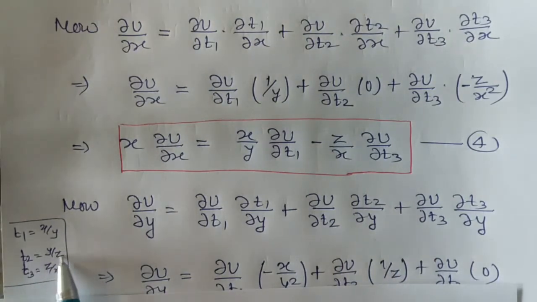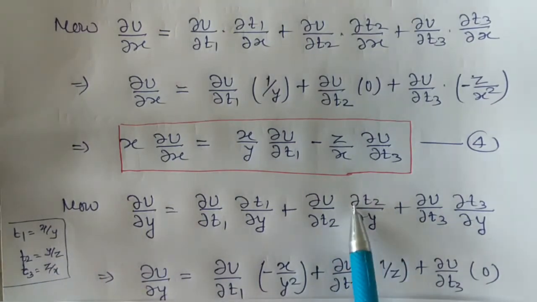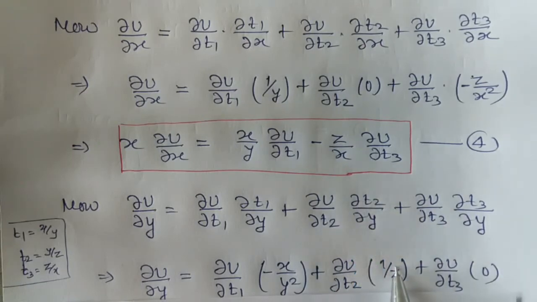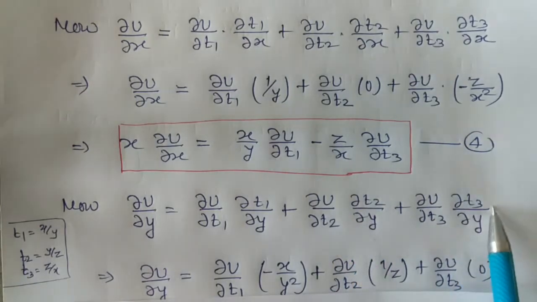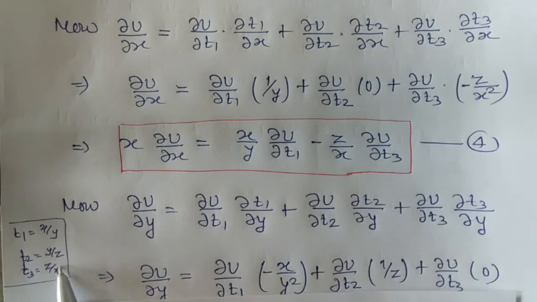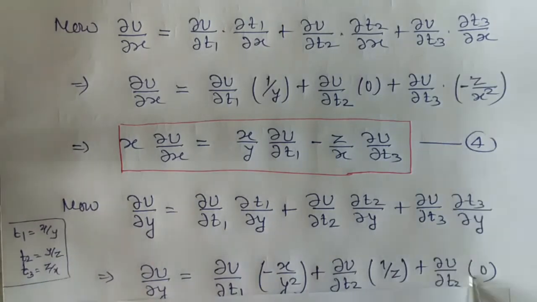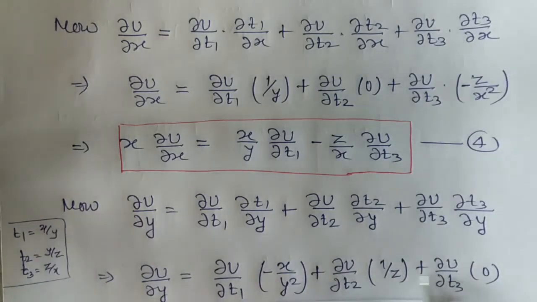So t2 is y by z, so 1 upon z is constant and derivative of y is 1. So we get 1 upon z, the value of del t2 by del y. Here del t3 by del y, partial derivative of t3 with respect to y. So z and x both are constant, so del t3 by del y is 0. So putting the values, we get this relation.